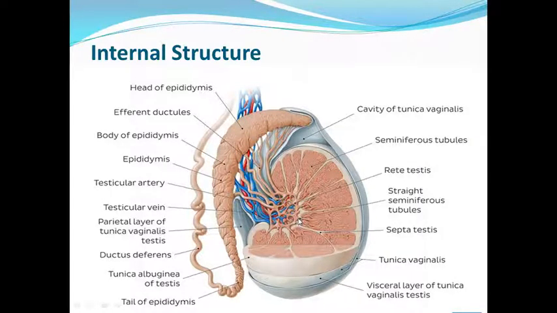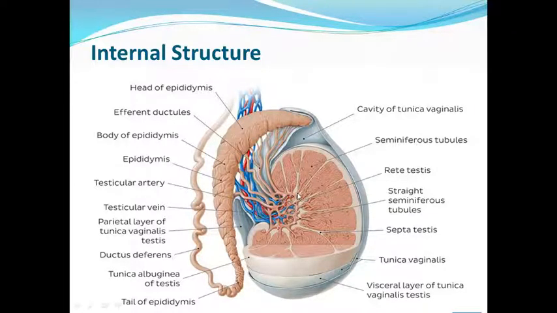Around 20 to 30 straight tubules are formed by joining the apices of the lobules. These are the lobules, and you can see in this figure that the apex of each lobule has a straight seminiferous tubule, and all these lobules form around 20 to 30 straight seminiferous tubules.